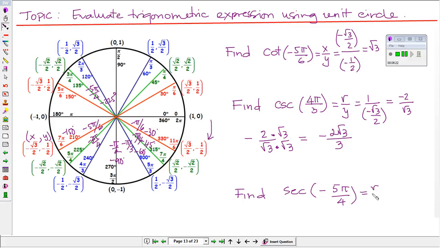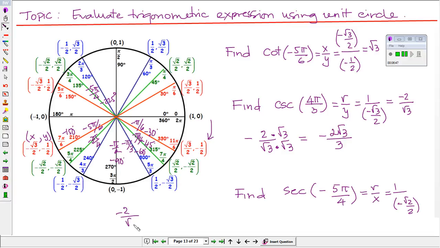Now secant is r over x, and r is always 1. This is the unit circle, the radius is 1. Our x is negative square root of 2 over 2. So we have to simplify this. 1 divided by negative square root of 2 over 2 will be 1 times the reciprocal.